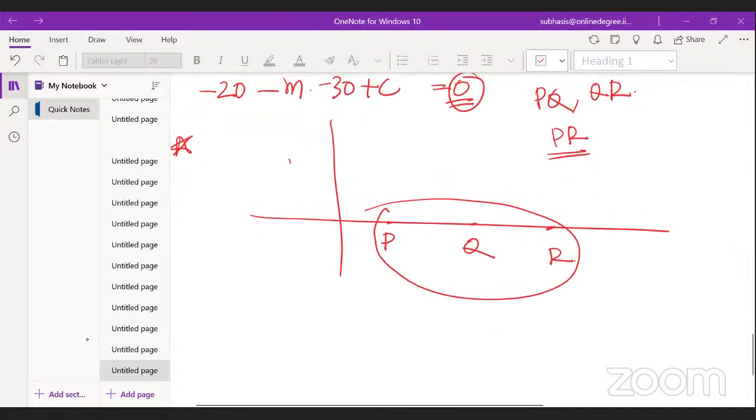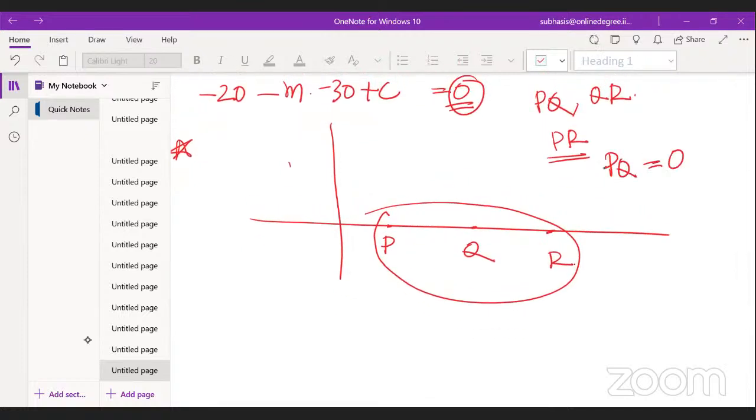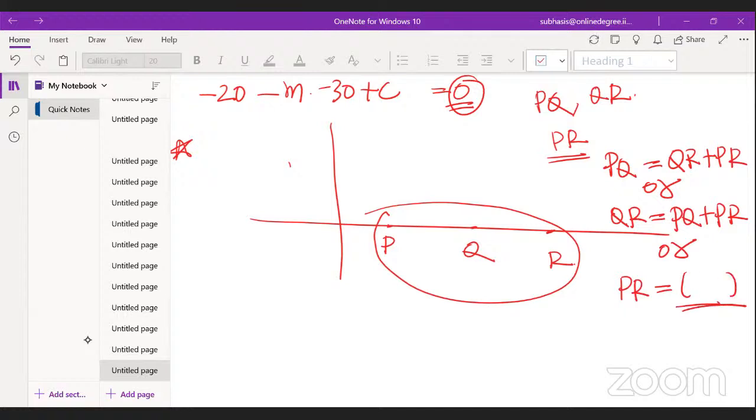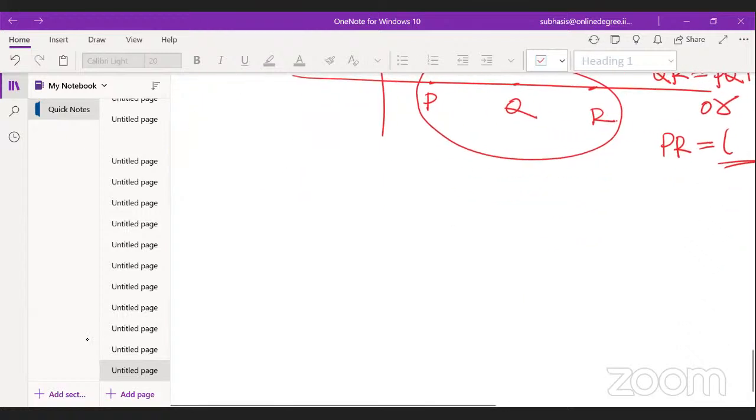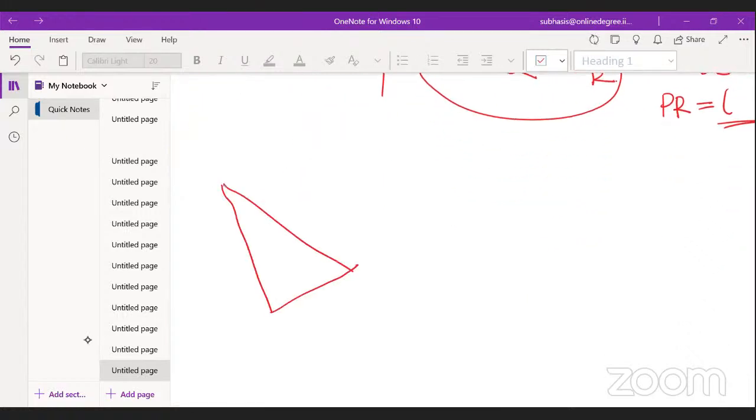If you can show that PQ is QR plus PR, or QR is PQ plus PR, or PR is basically the sum of the rest two, that is, if they satisfy one of these conditions, then certainly they cannot form a triangle, because in a triangle the sum of two sides is always greater than the third side, right?